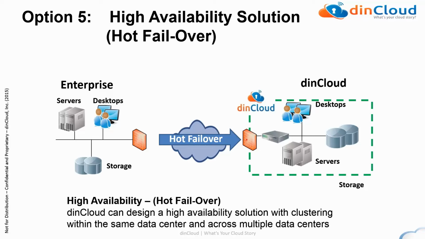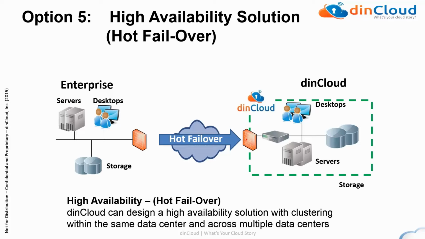You can use this as a backup solution, if that's what you want to do, or you can just replicate everything to the specific protocol. The other thing too, our internet pipe is about 10 gigs, so it's a lot of bandwidth for you to use and push your data. There's no transfer fees, which is a big differentiation between us and other cloud providers. If you're pushing terabytes and terabytes, petabytes and petabytes of data, the costs continue to add up, and we don't charge you for that out of the box.